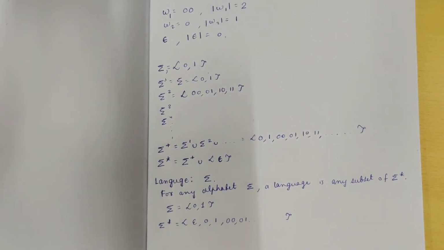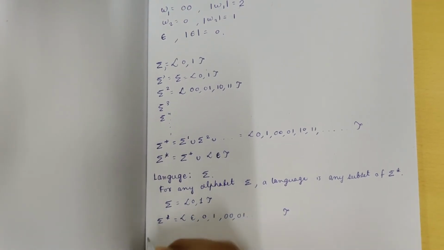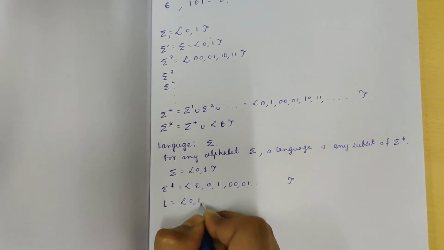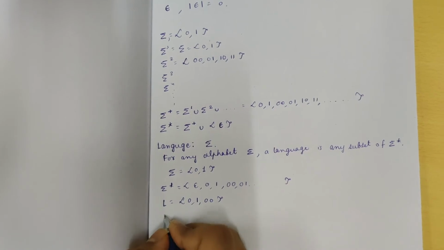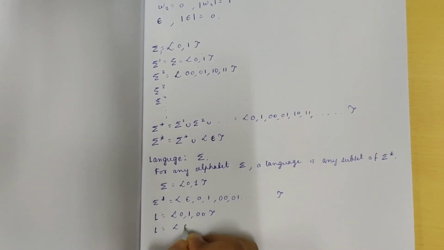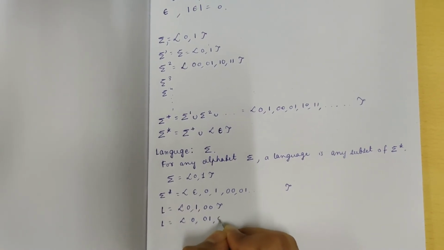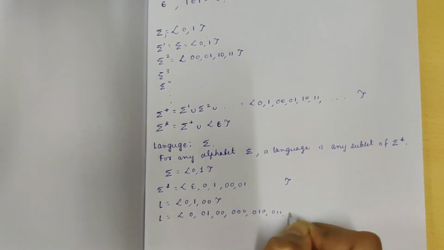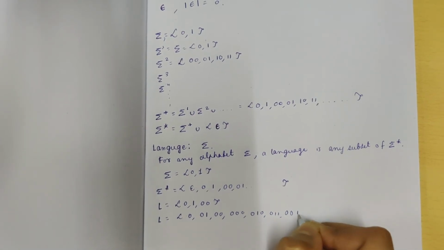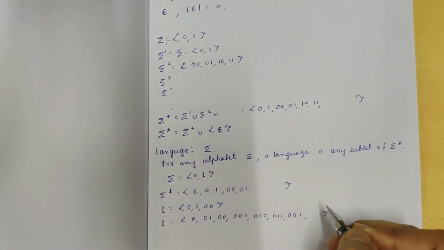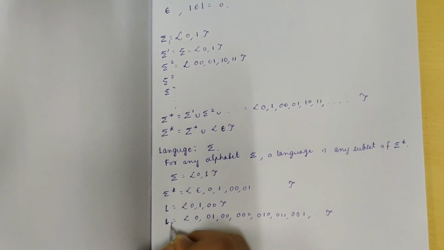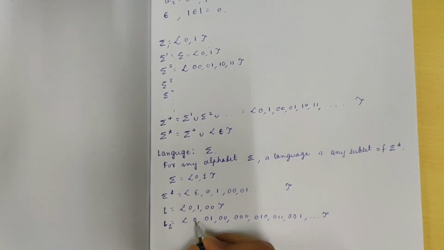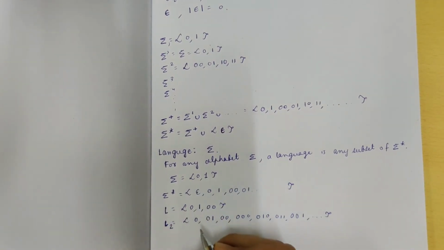So any subset of sigma star will be considered a language defined over sigma. Suppose we have L equal to {0, 1, 0 0}, or suppose we have L2 equal to {0, 0 0, 0 1, 0 0 0, 0 0 1, 0 1 0, 0 1 1, ...}. As you might have noticed, in L2 I have written a set of all the strings where the string starts with 0. So this is the concept of language.